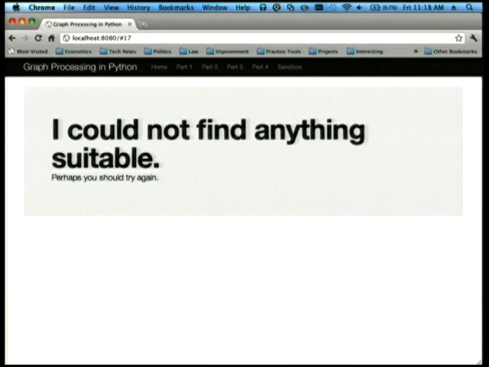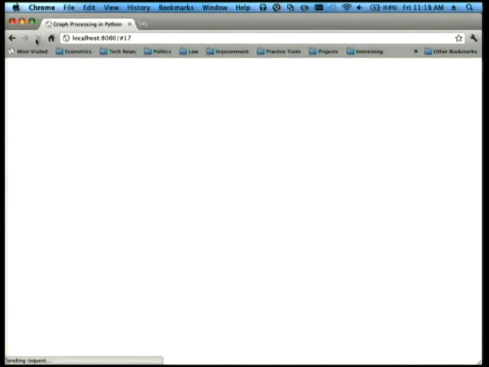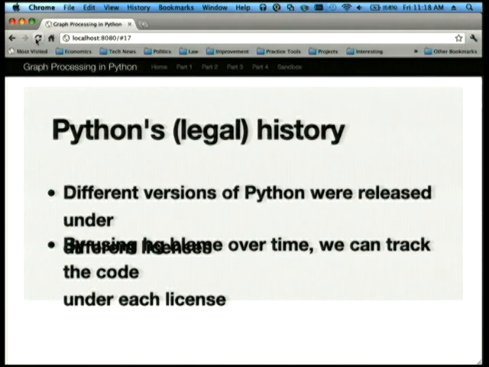Number 3. Evidently, we've got an issue. Okay. Number 3 is a topic of interest to me. In my day job, I'm a lawyer. And so I track a lot of stuff about law.